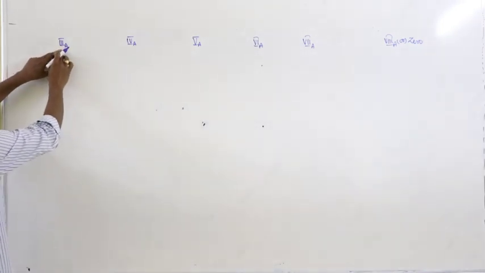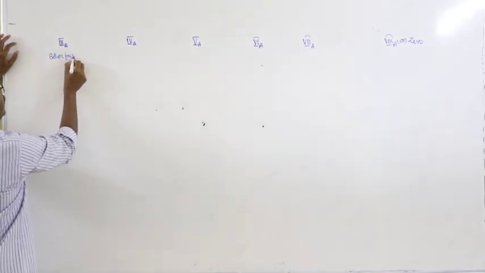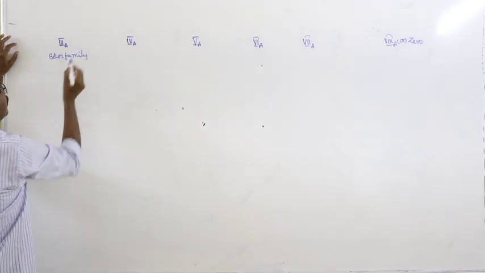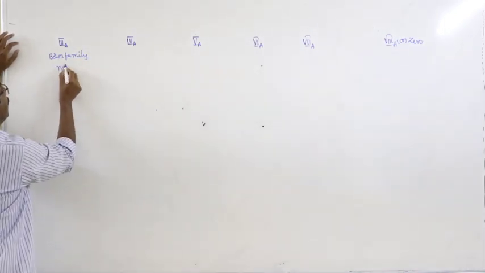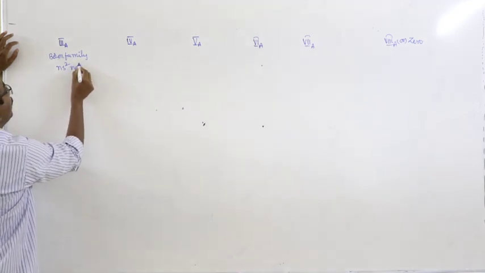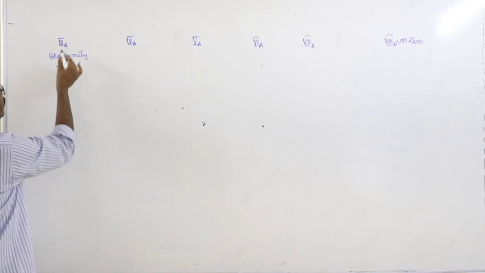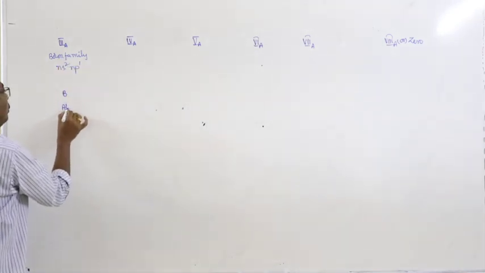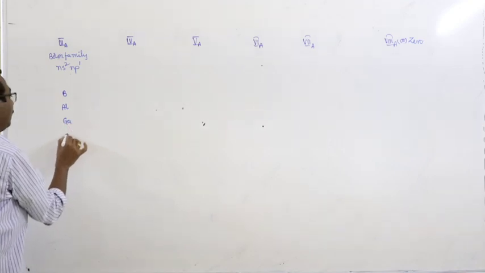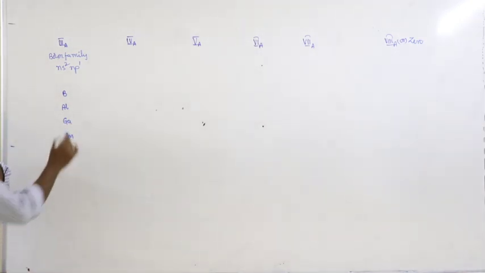Third A group elements, this is also known as the boron family, and the general electronic configuration is ns2 np1. What are the elements present in 3A? Boron, aluminum, gallium, indium and thallium.